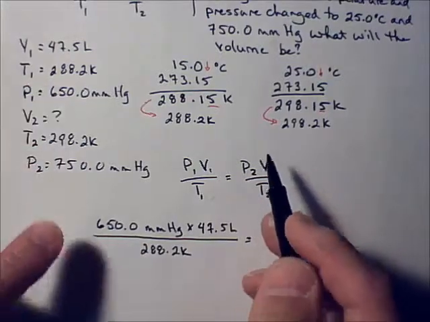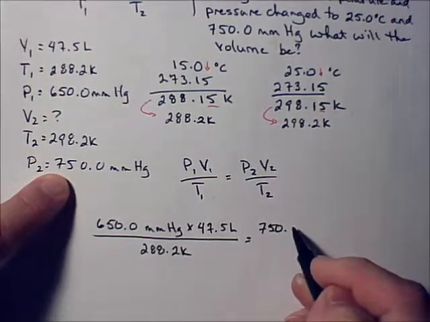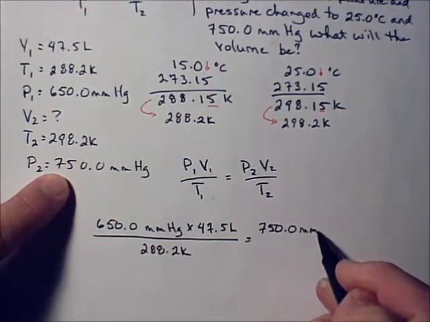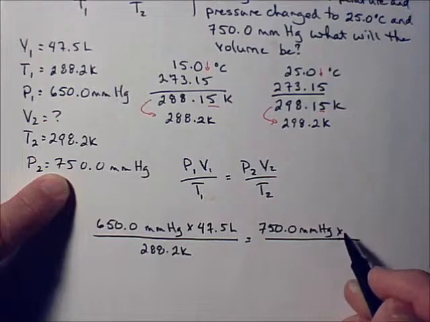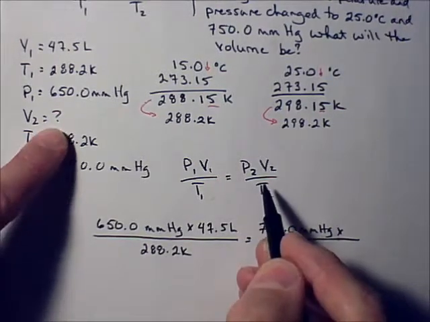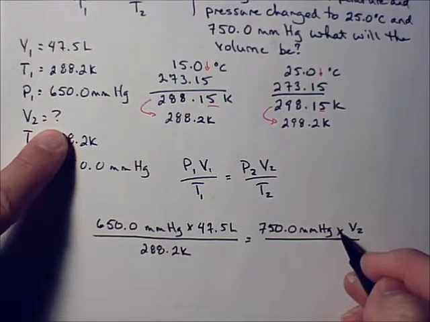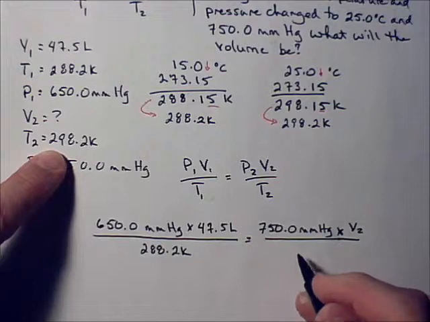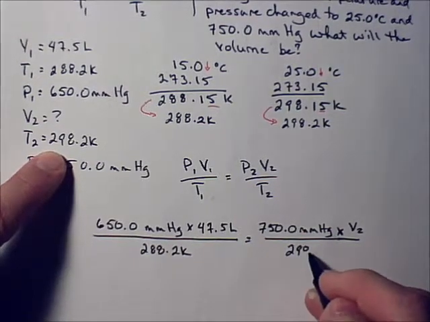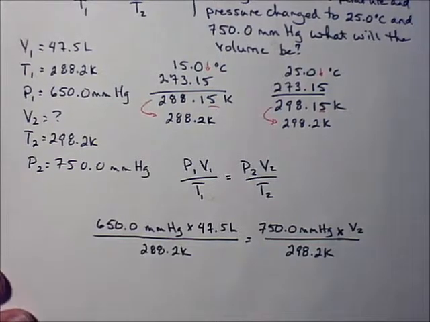On the other side of the equality statement, P2 is 750.0 millimeters of mercury times V2, which is what we don't know, so we're going to leave that V2, and then over the temperature of 298.2 Kelvin. So, all right.